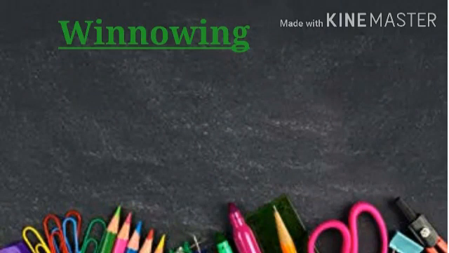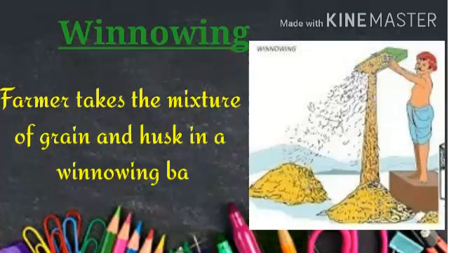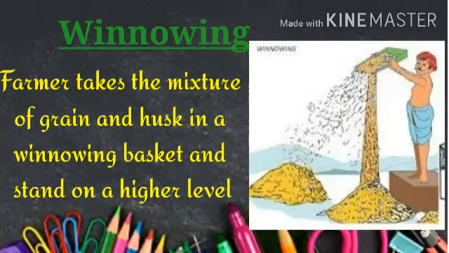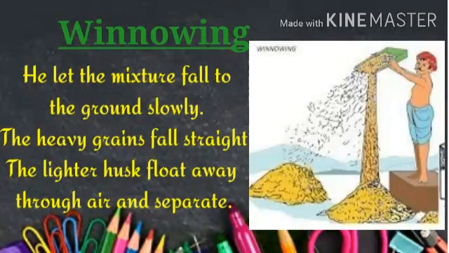In the process of winnowing, the farmer, as you can see in this picture, takes the mixture of grain and husk in a winnowing basket and stands on a level higher than the ground. He lets the mixture fall to the ground slowly. Now what will happen? The lighter particle, that is husk, will be carried away with the wind, and the heavier particle, that is grains, will fall straight to the ground in a heap.